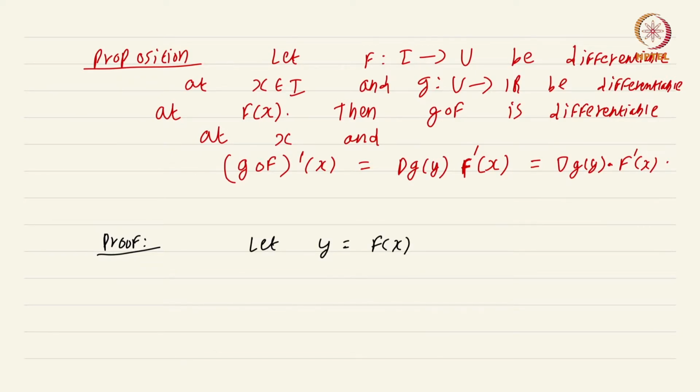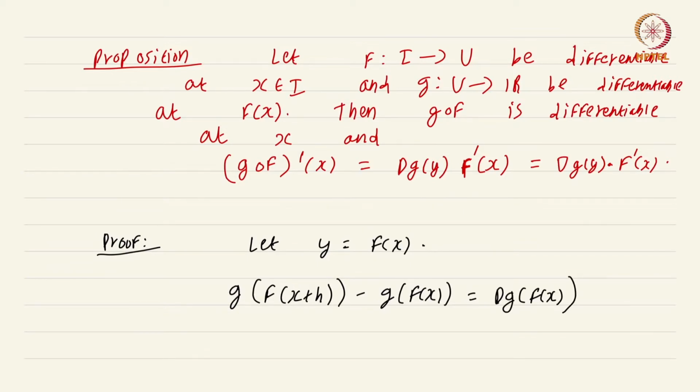We can write g(f(x+h)) minus g(f(x)) is just dg(f(x)) acting on k plus e(k), where k is by definition f(x+h) minus f(x).